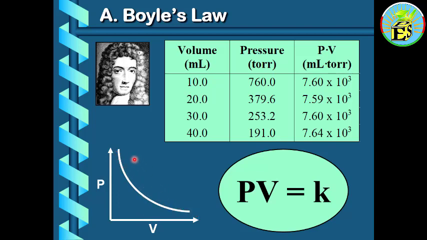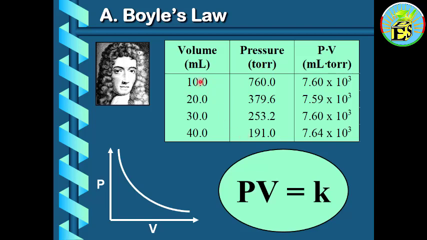It's inversely proportional. What does it mean? Look at this column: 10, 20, 30, 40. The volume increases. But if you look at the pressure in the other column: 760, 379, 253, 191.